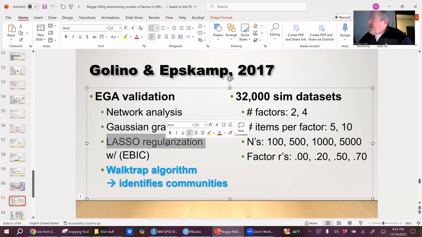I'm giving you a tiny bit of background on network analysis. If you have a whole bunch of things that are all correlated with each other, and you want to know where the strongest links are, you can use network analysis. What it does, you give it 10 items, it will go pair by pair of items and calculate a partial correlation for that pair, controlling for the 8 other variables in the model.